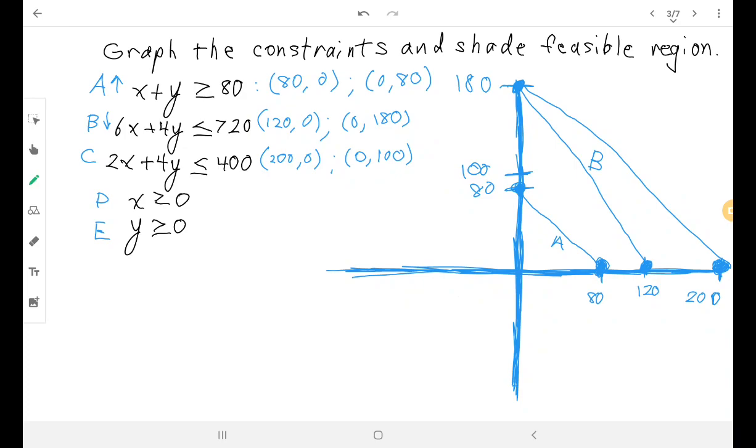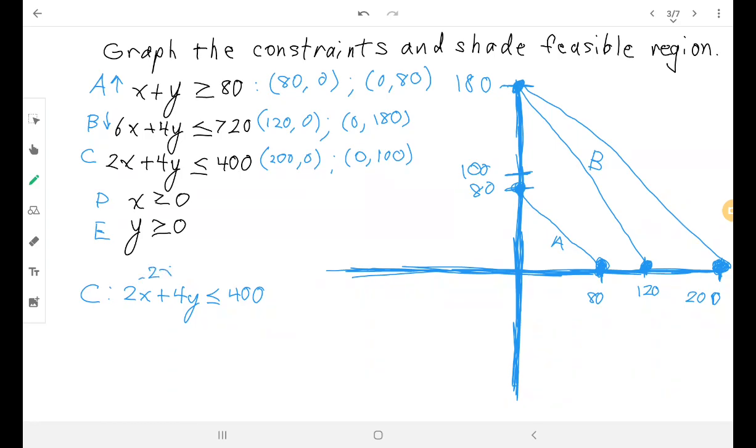And this is less than, so you would think we'd shade down, but we've got to be sure. So for C, 2x plus 4y is less than or equal to 400.